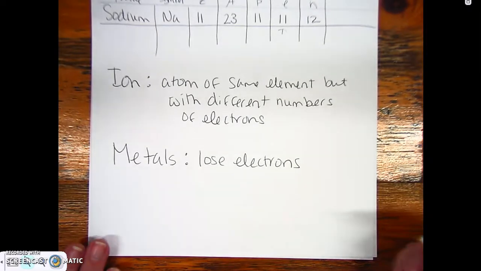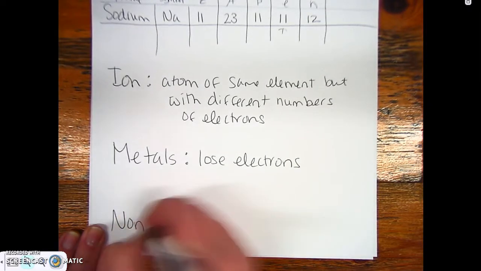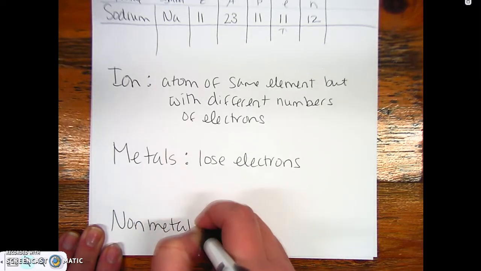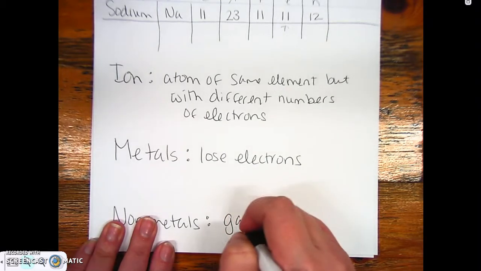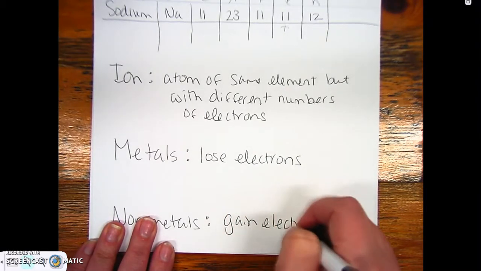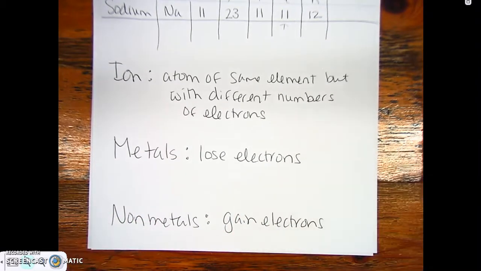We have nonmetals, which are up and to the right, and nonmetals are always going to gain electrons. The reason why metals and nonmetals are either losing or gaining electrons is to achieve stability. They want to be stable elements on the periodic table.